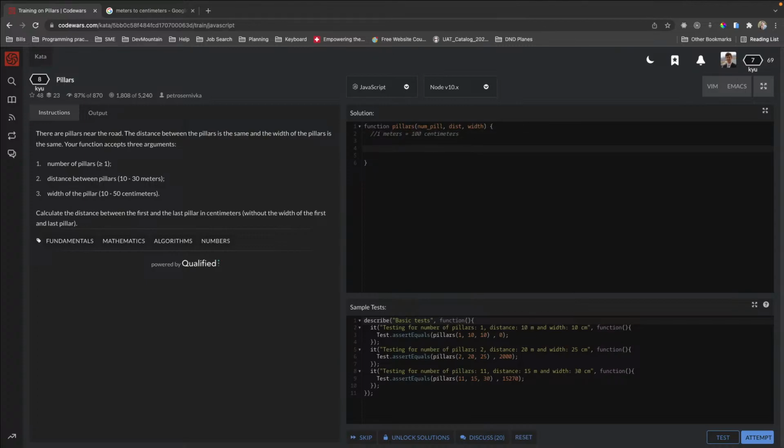All right, so next we need to multiply dist times number of pillars.